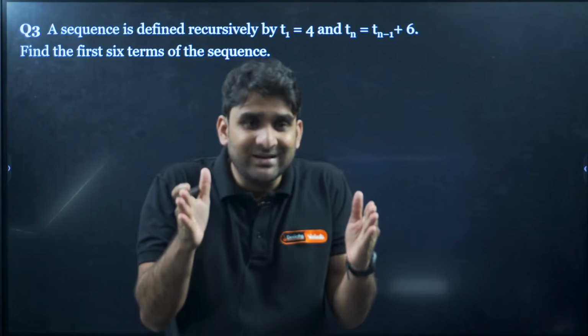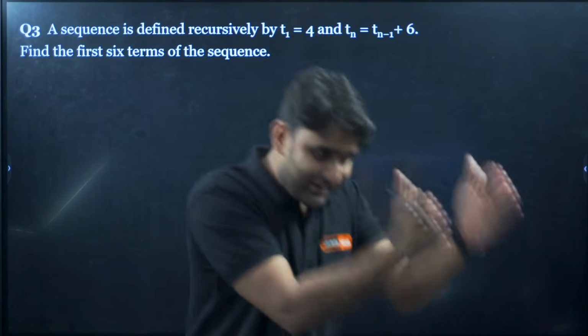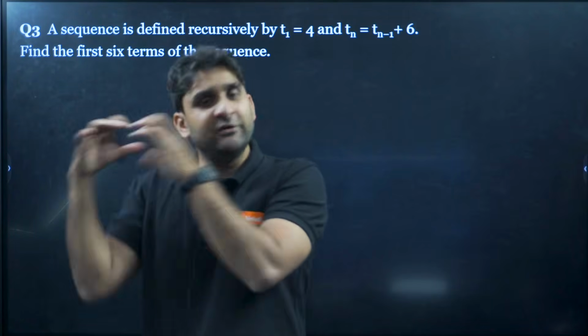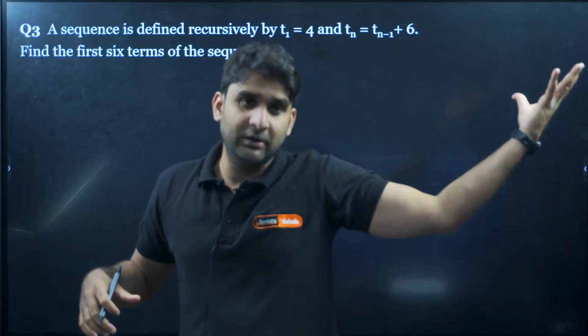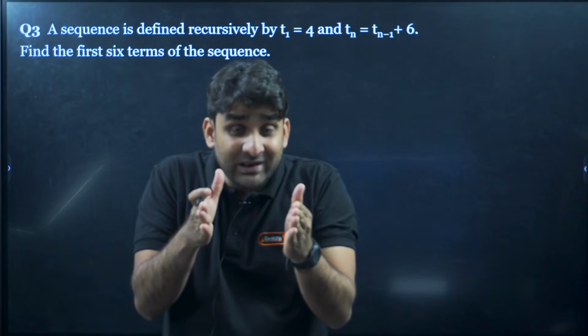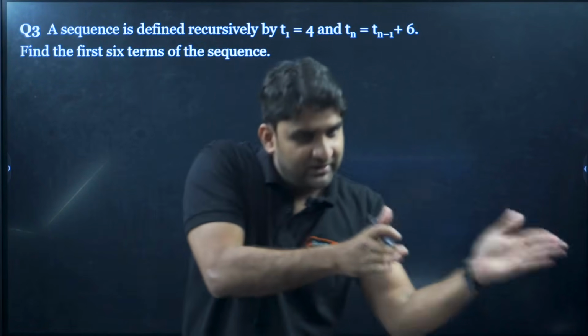A recursive formula is a relation that helps you get the next term with the help of the previous term. The nth term is a different kind of formula. The nth term is a general formula to find any term of an AP or any term of a GP. But the recursive formula relates neighboring numbers, preceding, succeeding.